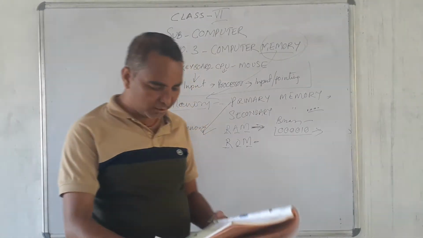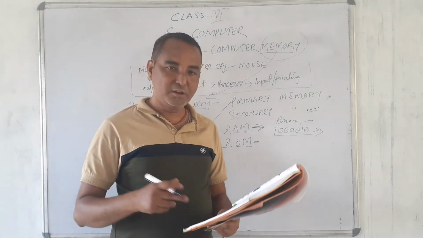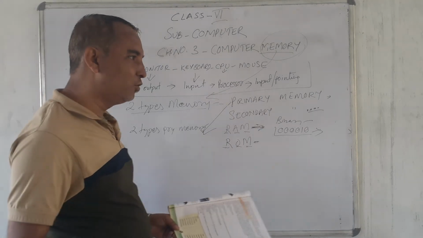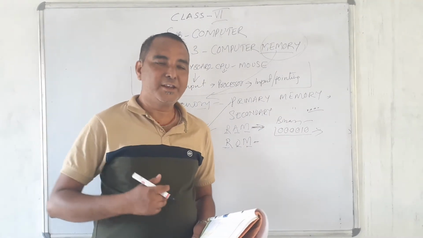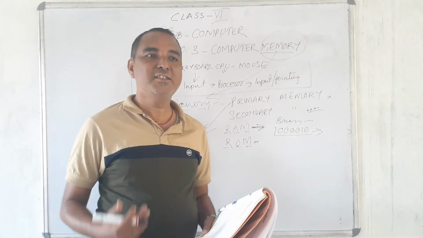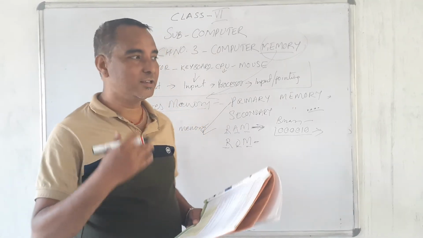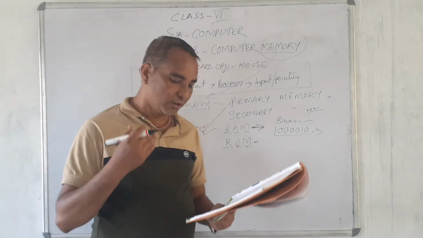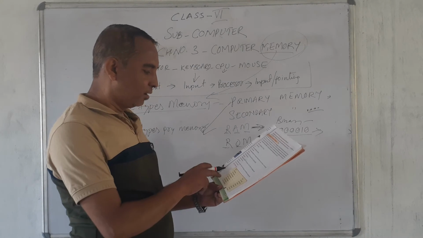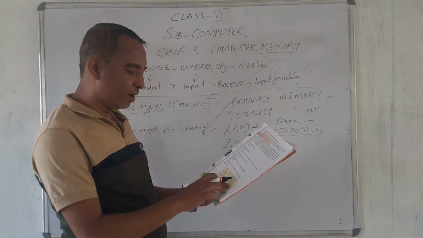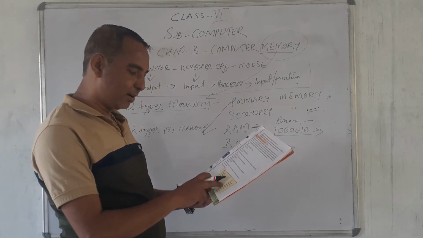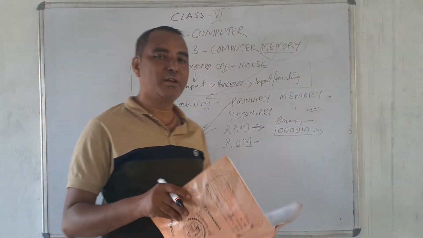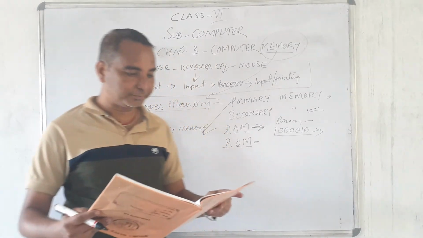Here is the unit memory table: 8 bits, 1 byte; 1024 bytes, 1 kilobyte; 1024 kilobytes, 1 megabyte. When someone says they get 1 GB of data, it means not 1000 but 1024 megabytes. Understood? This is how we measure the memory of the computer system.